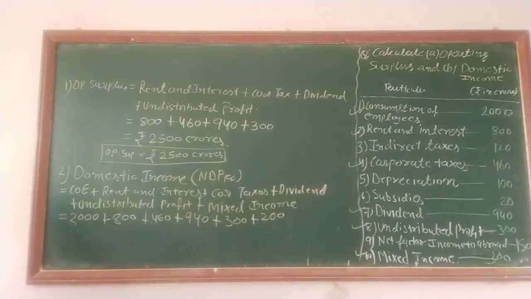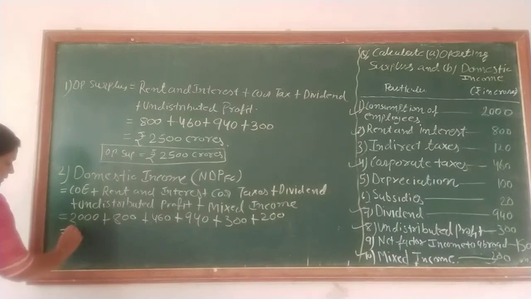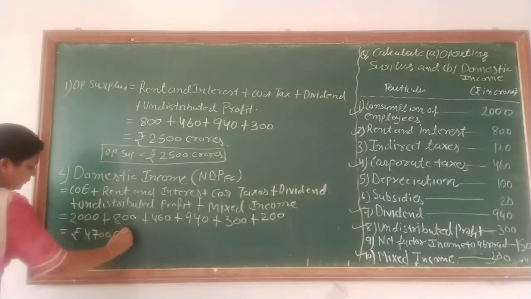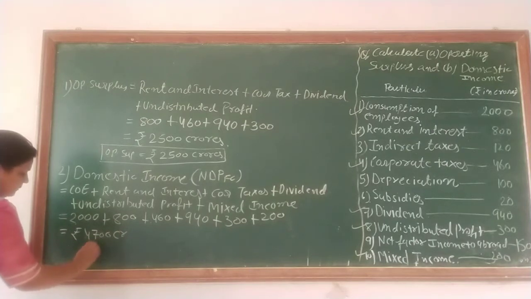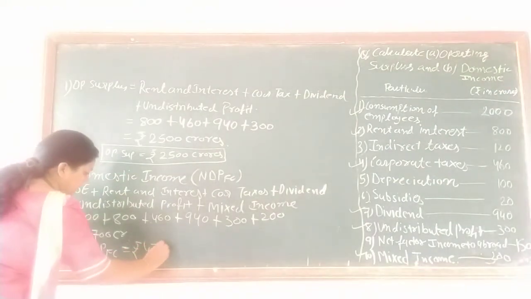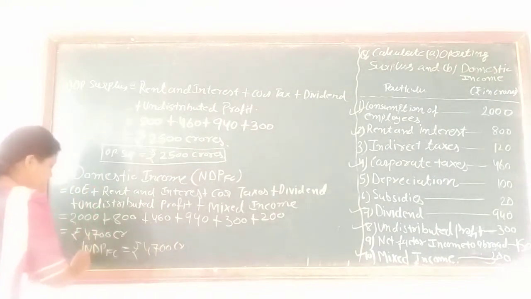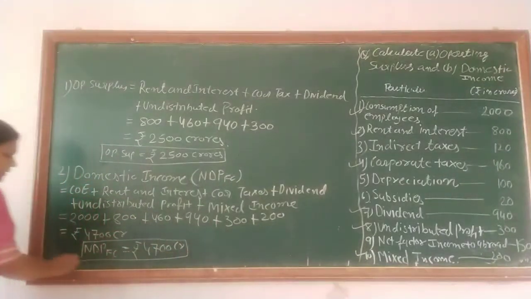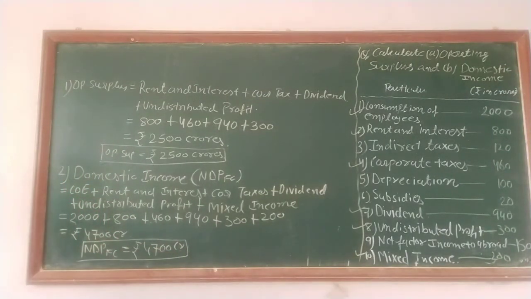Clear? So you just add all these things. So the answer should be 4,700 crore. So NDPFC equals rupees 4,700 crore. Listen students, this is your domestic income.